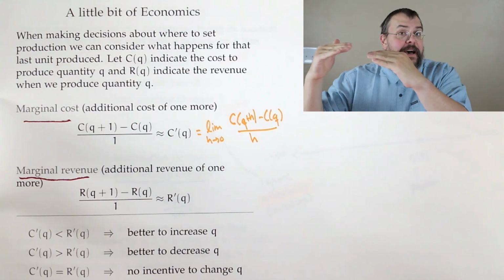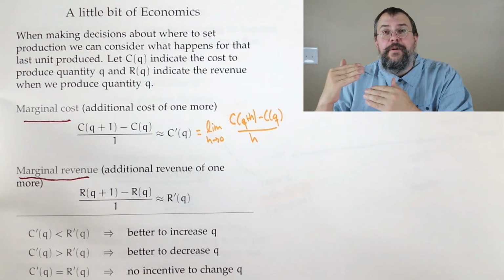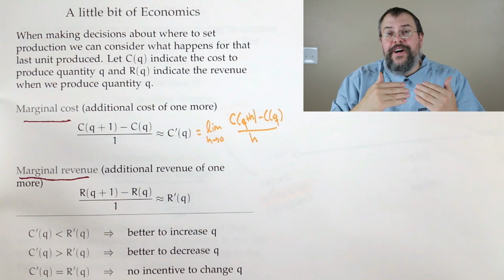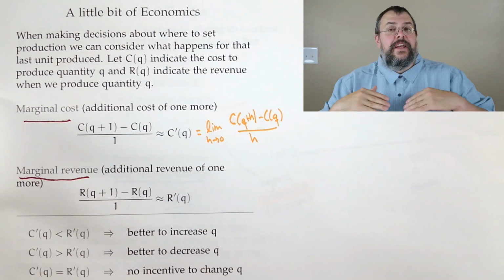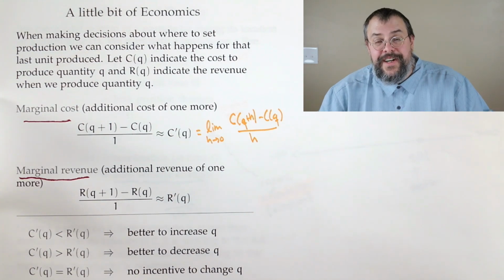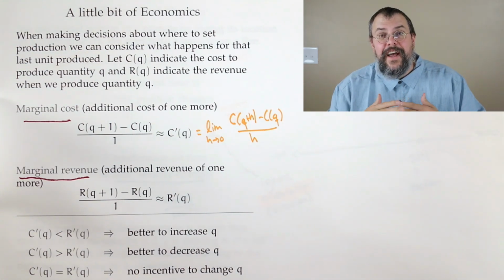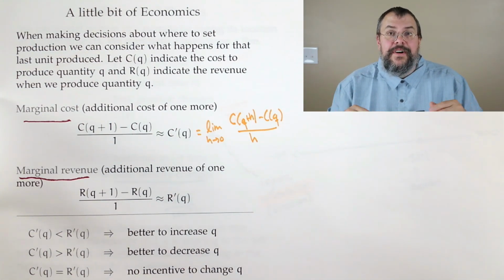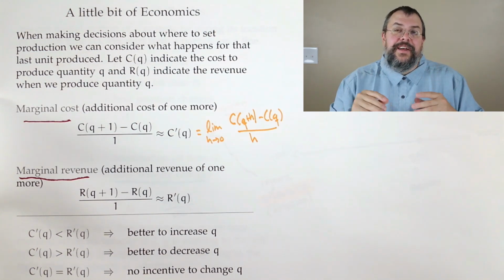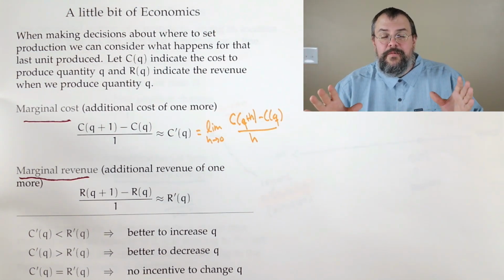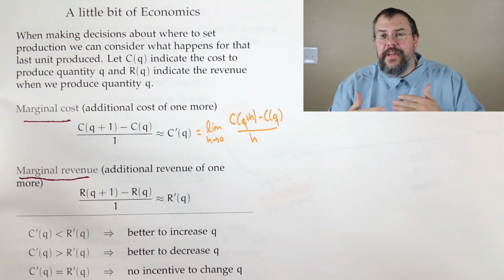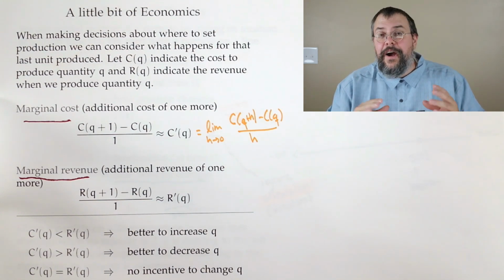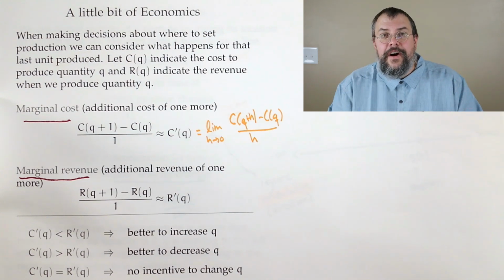But even if we have found the best possible place, it might be that if you look at the total cost versus the total revenue, it still doesn't make sense to produce. You can say, even in a best case scenario, I'm going to lose. And so you've got to be careful. It's just not enough to say, this one simple test works and we're done. You've got to say, well, now let's probe and see, does it really make sense? Or do we need to reconsider our life choices that brought us here?